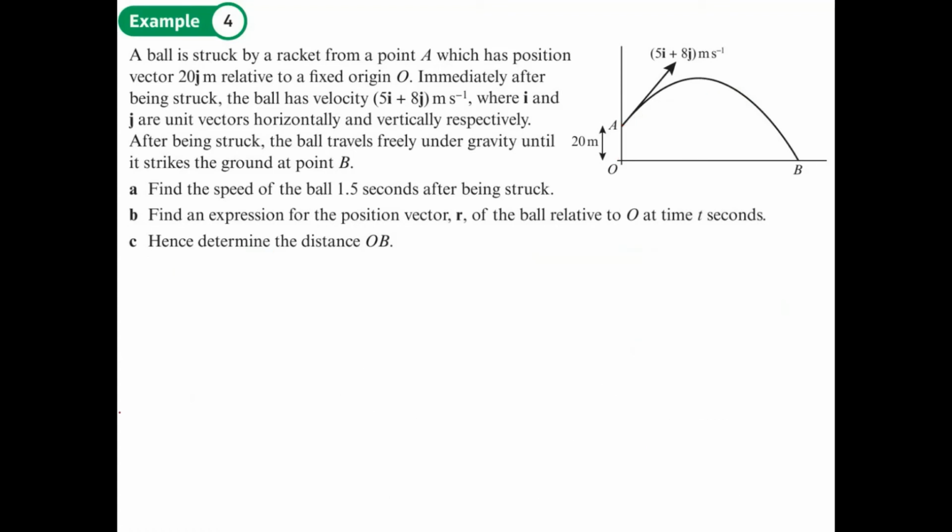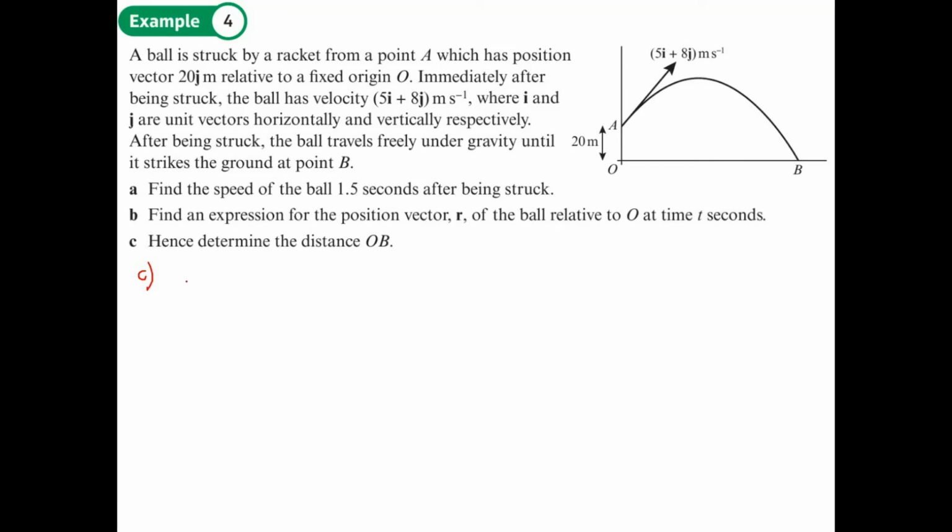Okay, so when it goes from O to B, we know that the j component will be 0, so we find the value of t where that happens, and then substitute that into our i component and therefore find the distance.